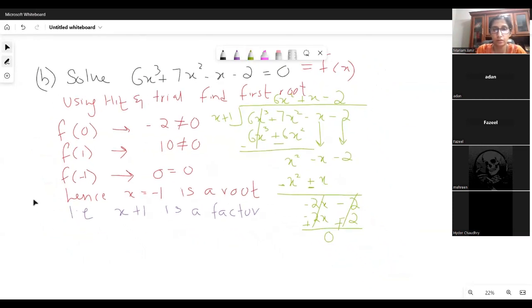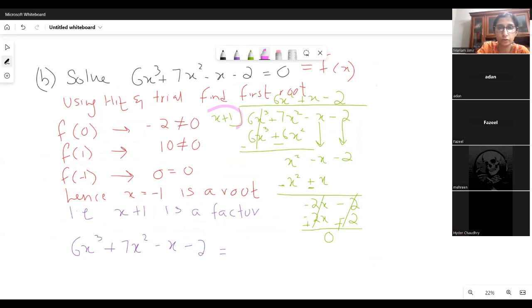Okay. So now we can write 6x cubed plus 7x squared minus x minus 2 as the product of these two, which gives x plus 1 and 6x squared plus x minus 2.